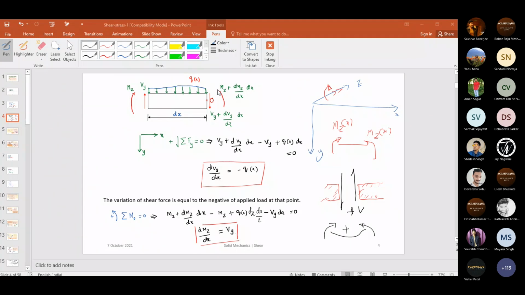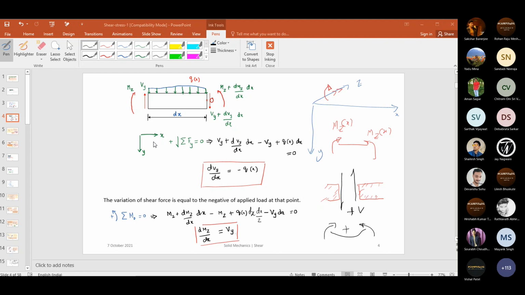Then the lever arm: because dx is so small, I can take the resultant at the center. So that is what I have done. That one more dx was missing, that's why it was leading to some trouble.